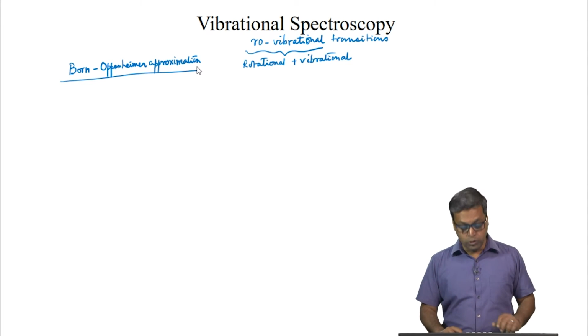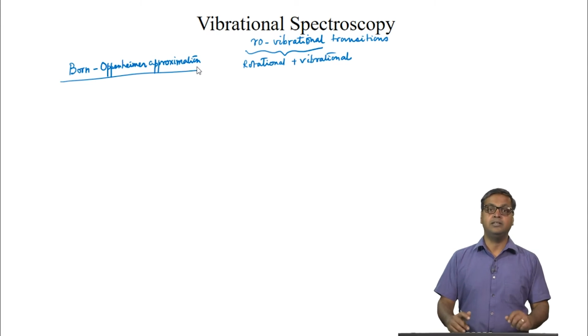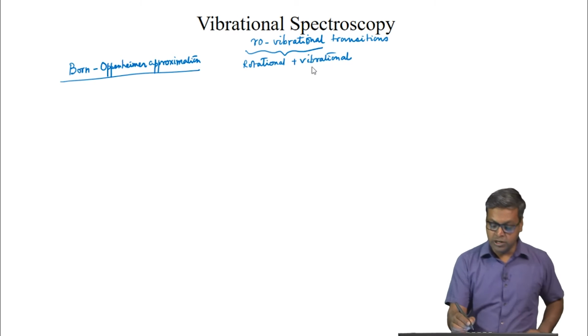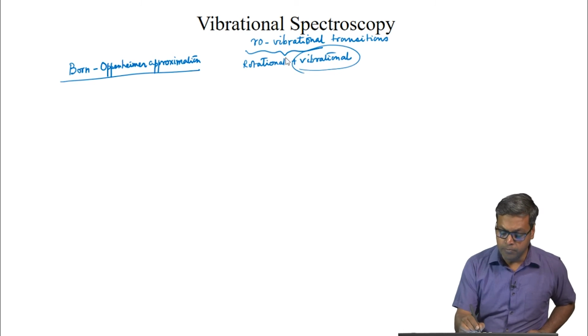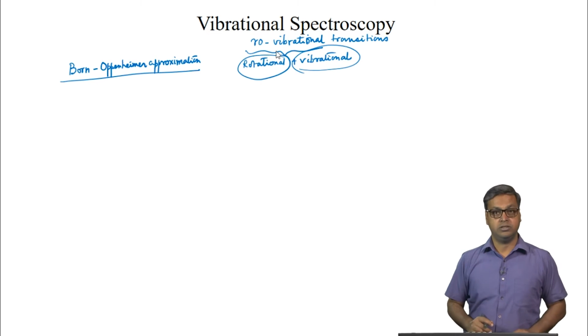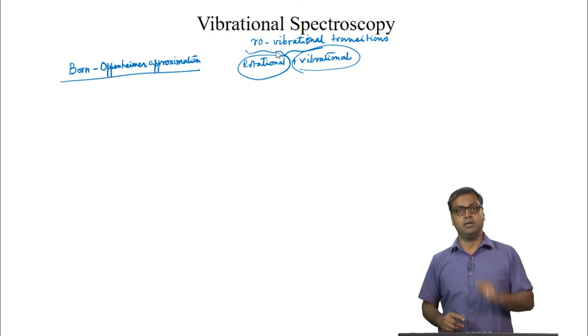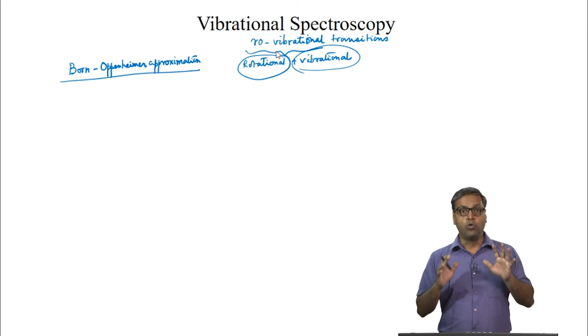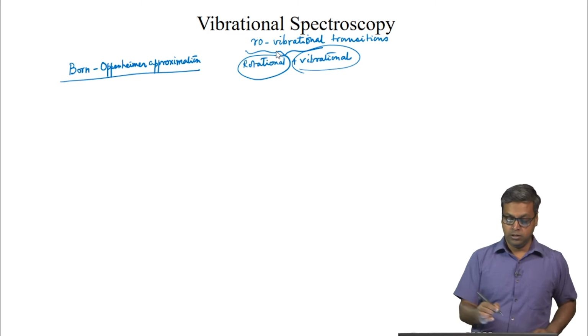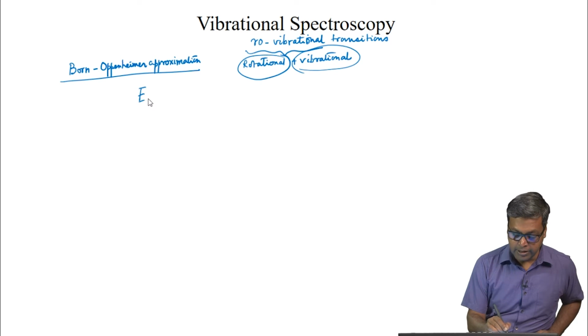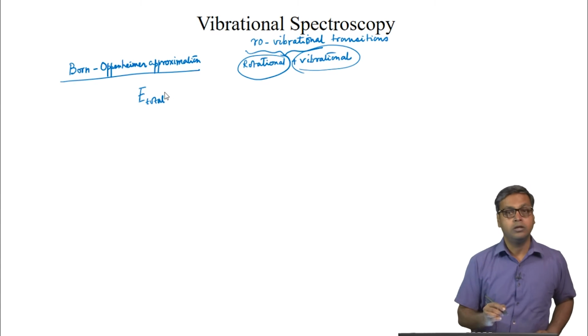Moreover, due to the differences in energies, we can largely separate the vibrational energy from the rotational energy and just consider the total ro-vibrational energy, that is, we will write E total.